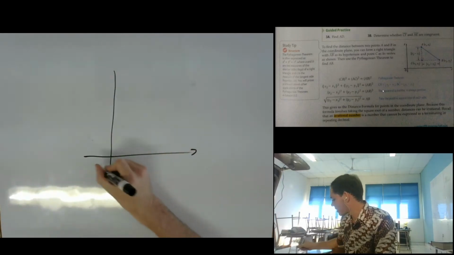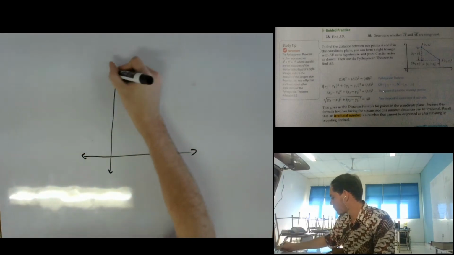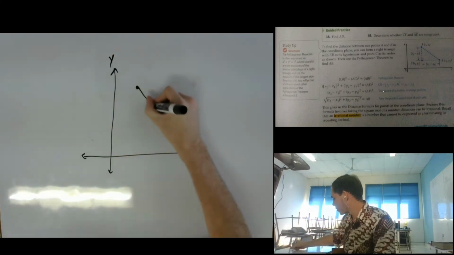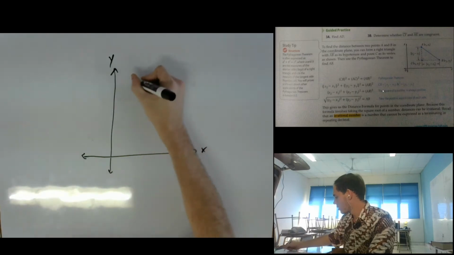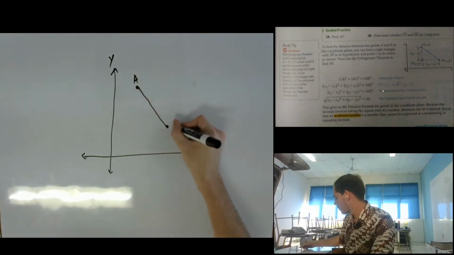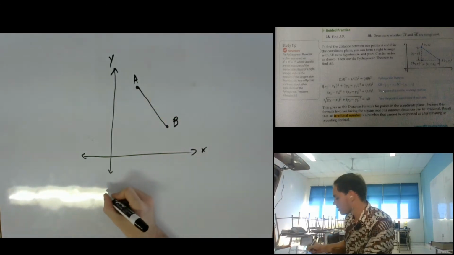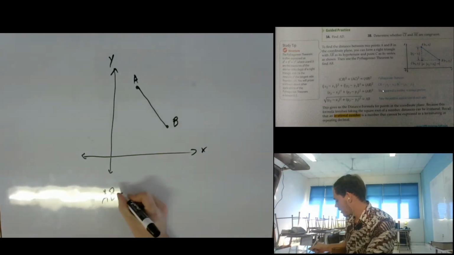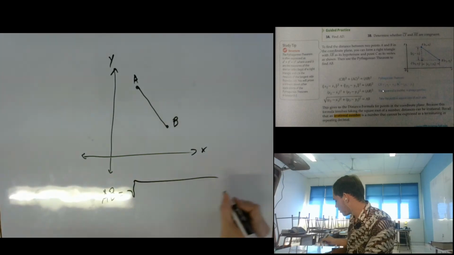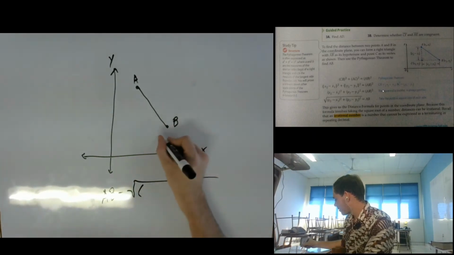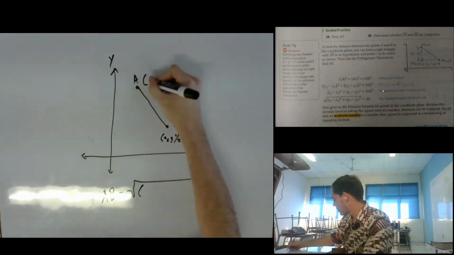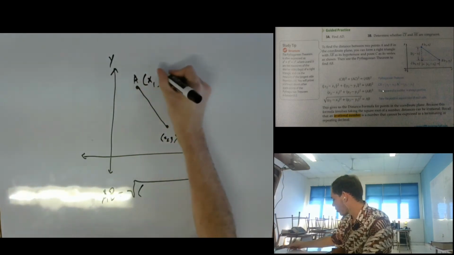If we have this in the coordinate plane, y and x, and we have two points, A and B, the distance, which in this case is AB, is going to equal the square root of, let's say this is x2, y2, and this is x1, y1.